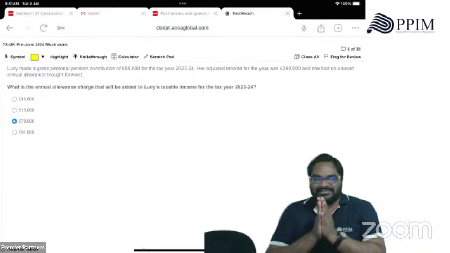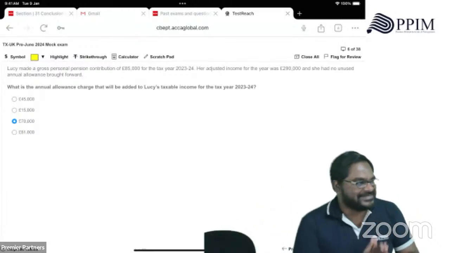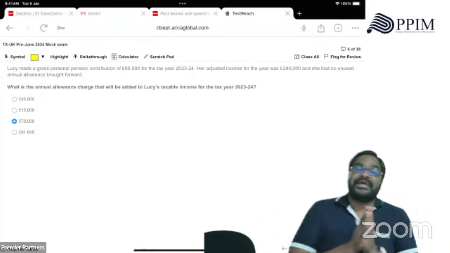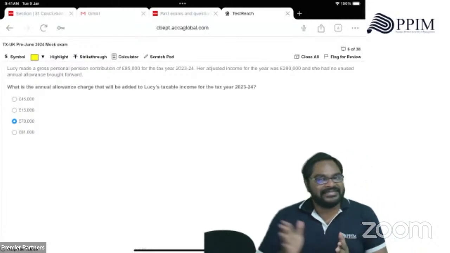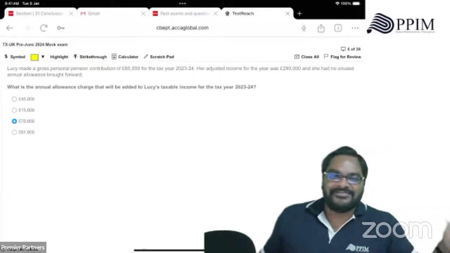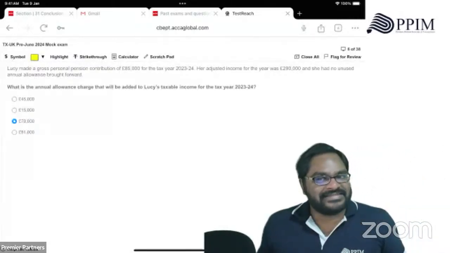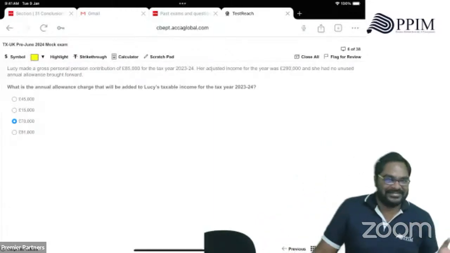So guys, in tax, the biggest mistake, and I have said a lot of big mistakes, is this: trying to do a targeted study. That will not work, because there were instances where even corporation tax was not tested. Instead, 10 marks came from tax administration itself in section C. So don't try to skip chapters.